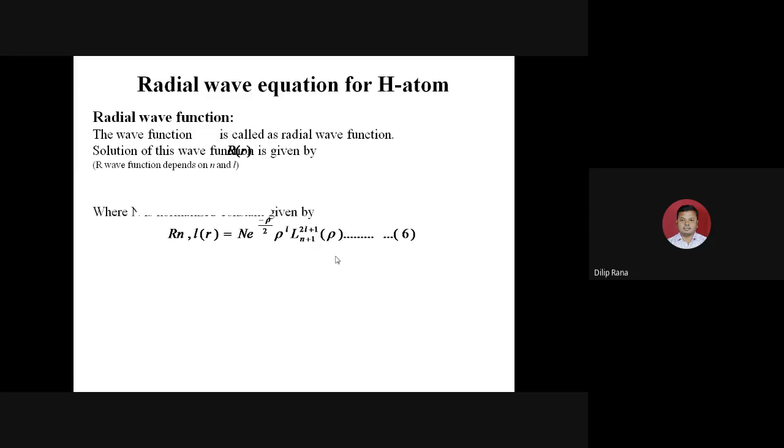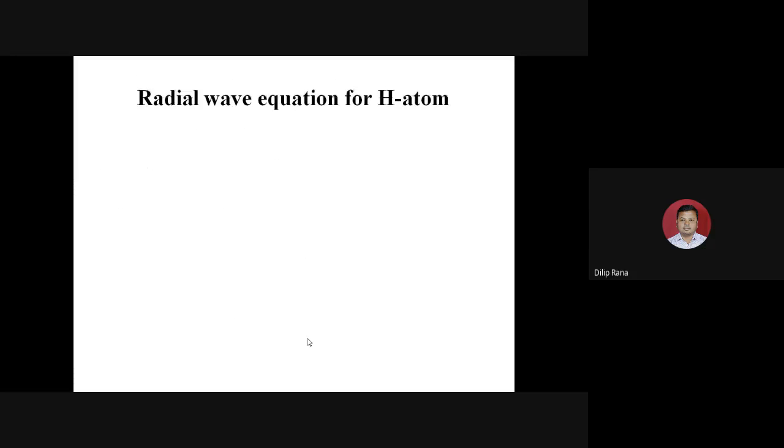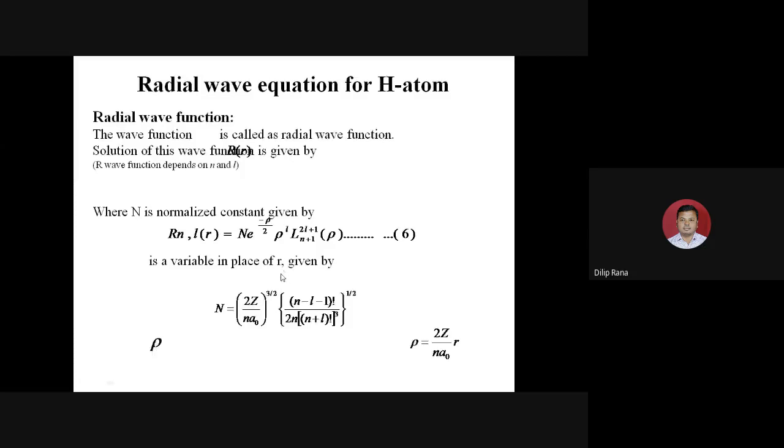This is obtained by normalizing, and this normalization factor is found to be this one. This normalization factor is obtained by the quantum mechanical operator. So first the solution and then the normalization factor. This is the variable rho. Rho depends on r, having the relation 2Z divided by n a naught times r. So you can see here that rho depends on r and it is a variable.